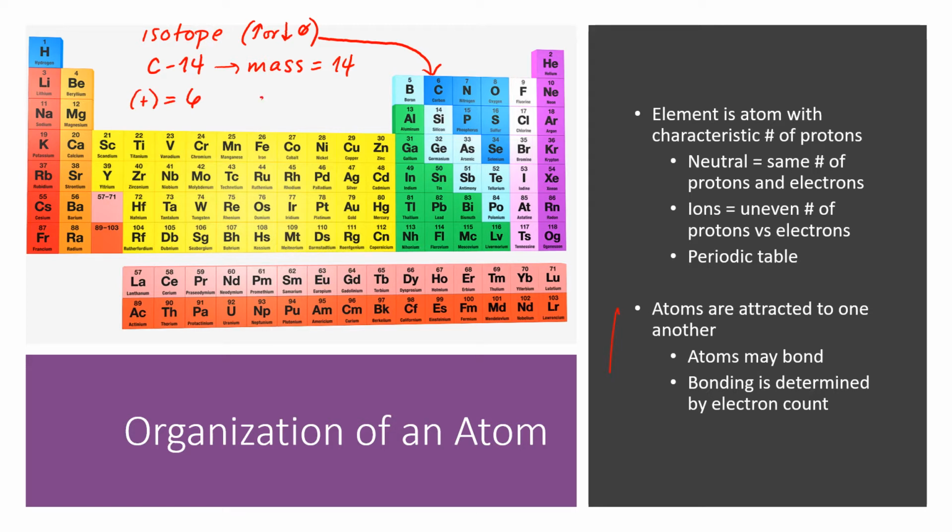To find out the number of neutrons, you'll simply take the mass minus the number of protons and find out that instead of having 6 neutrons, it has 8 neutrons. Carbon 14, being the one that you carbon date with, does have extra neutrons, making it slightly radioactive.